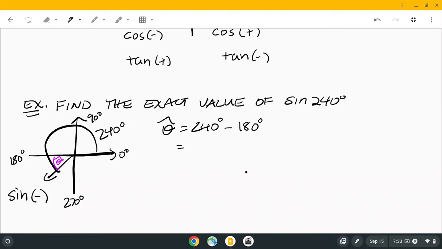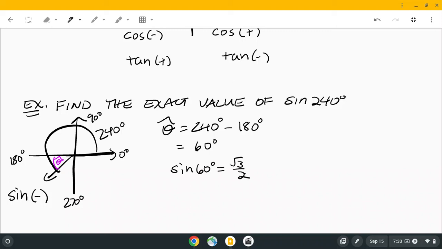Okay, and so this here is 60 degrees. And we know what the sine of 60 degrees is. Sine of 60 degrees is square root 3 over 2.